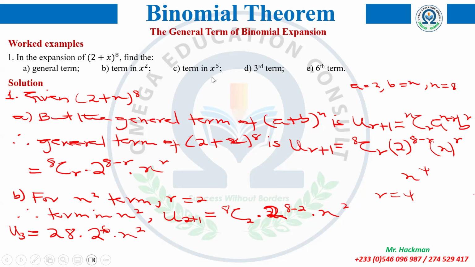And with this one, x to the power 5. I come to my formula because the question is specifically giving me the power that the x must take. Here I don't know the power, but the power depends on r. So under what circumstance would r be equal to what? 5. It is only then that it will give me the power of 5.